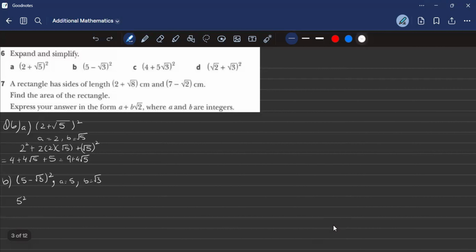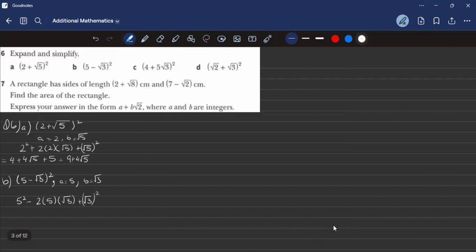Oh, I didn't know that feature. If you scribble it up, it raises it up. Nice. So 5 squared minus 2 multiplied by 5 multiplied by under root 3 plus b squared, which is under root 3 whole squared.